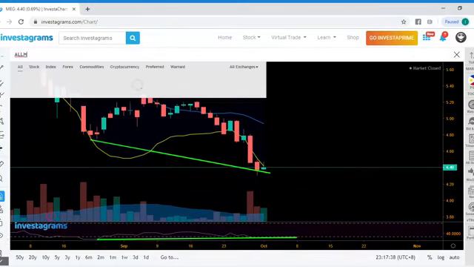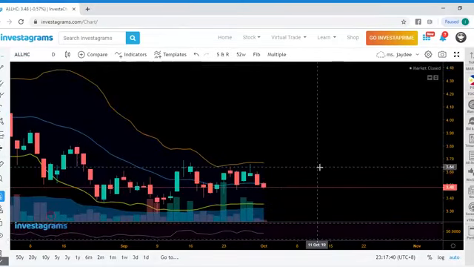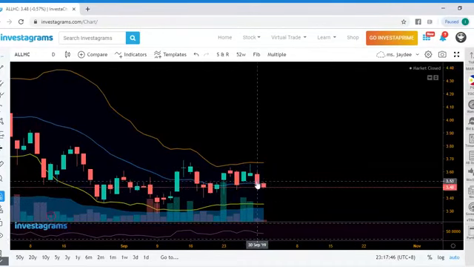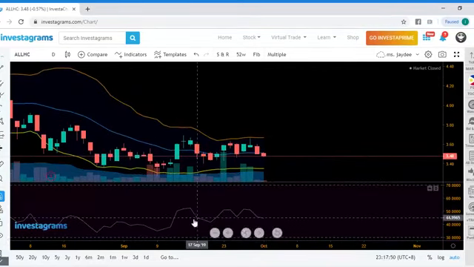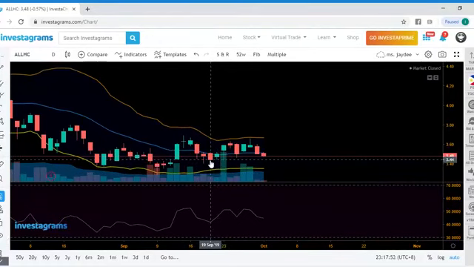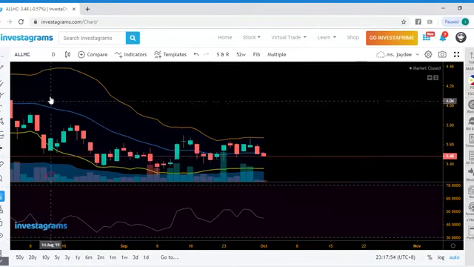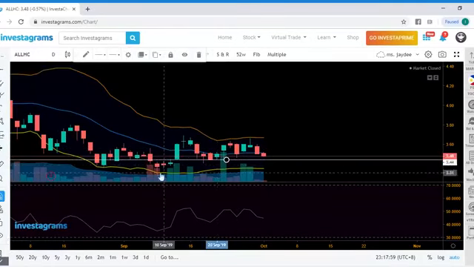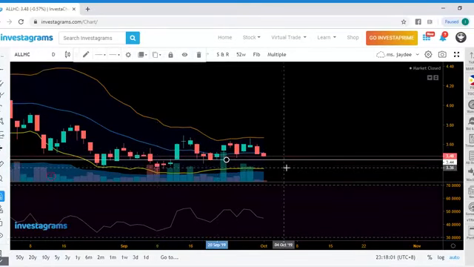ALLHC, it triggered. Check out two areas here, and of course this area.